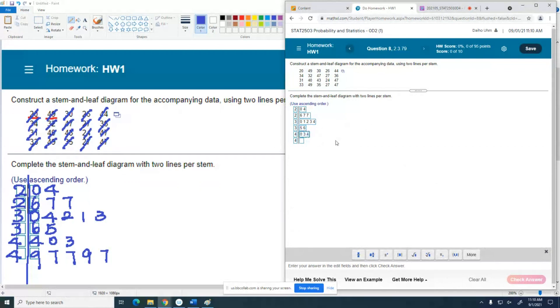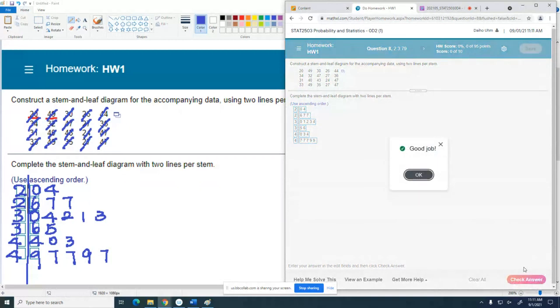And the first 4 is a 0, 3, 4. And the very last one will be 7, 7, 7, 9, and 9. It's good, right? So number 8 is a new topic, a new idea. When we have only 2 or 3 values, then sometimes we can split and make a bigger statement. Okay, so it is another idea.